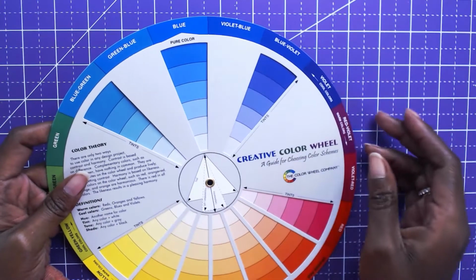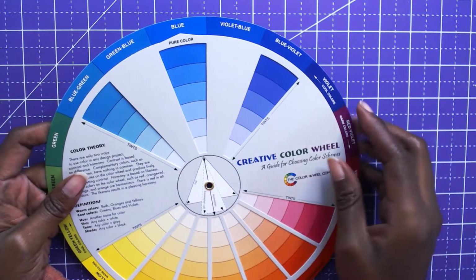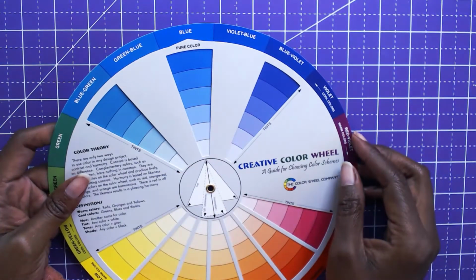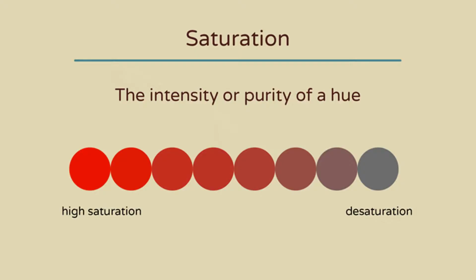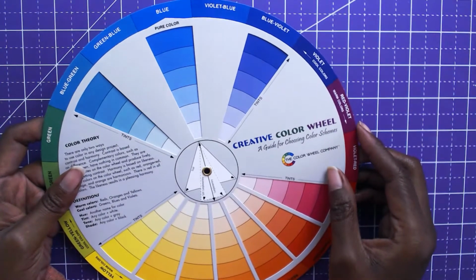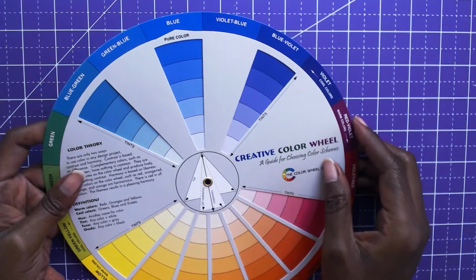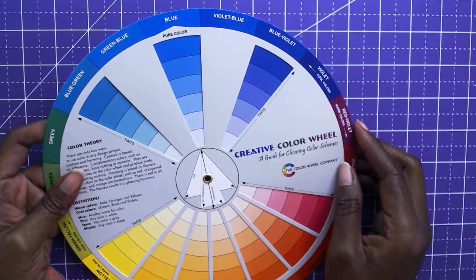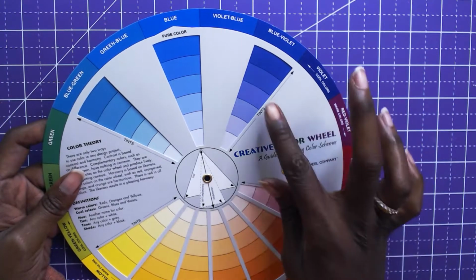Every color has a value. Every color also has saturation, or an intensity level. Saturation is just the brightness and pureness of a color, or full strength. A color's intensity will change if tints, tones, and shades are added.